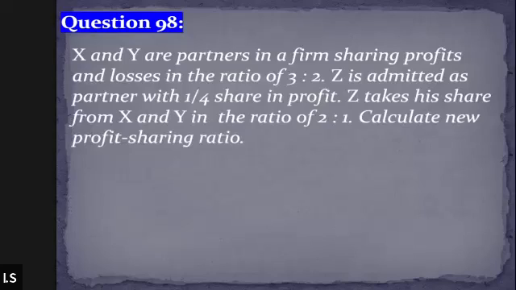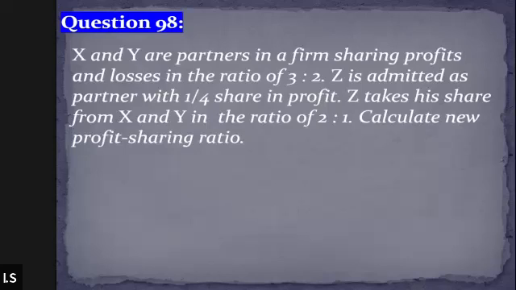Make sure you solve these questions before attending the next class, and make sure you revise the concepts that we have covered in today's class. In today's session, we were talking about the admission of a partner, wherein I told you that admission of a partner refers to bringing or introducing a new person into the partnership.